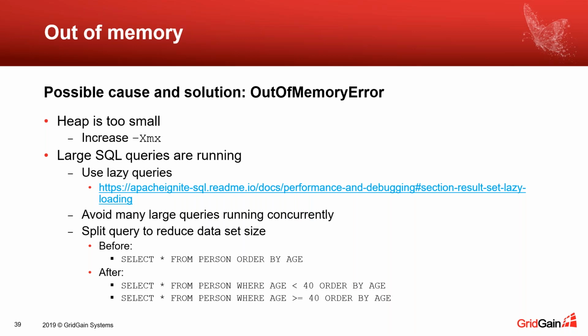But unfortunately, not all queries can be used as lazy ones. For example, if you have aggregation, if you have keywords such as group by, distinct, order by, you might not be able to use lazy, because you will still need all of the data at once on the heap.